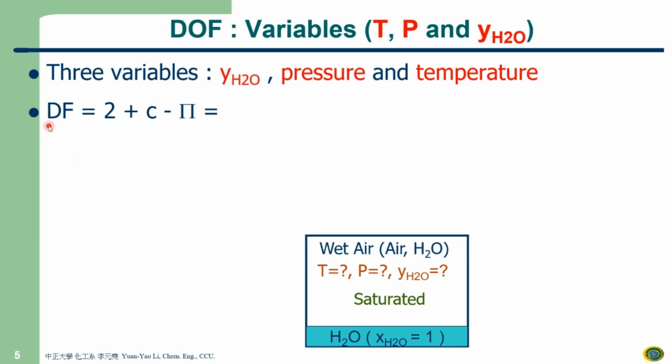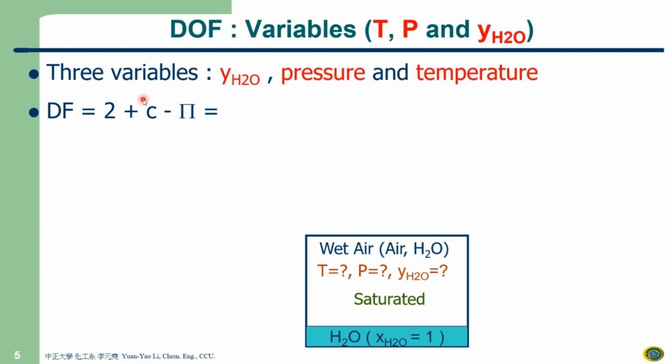Let's find out using DOF, right? So 2 plus C minus 1, how many species in this system? A, 1. B, 2. C, 3. D, 4. Which one?